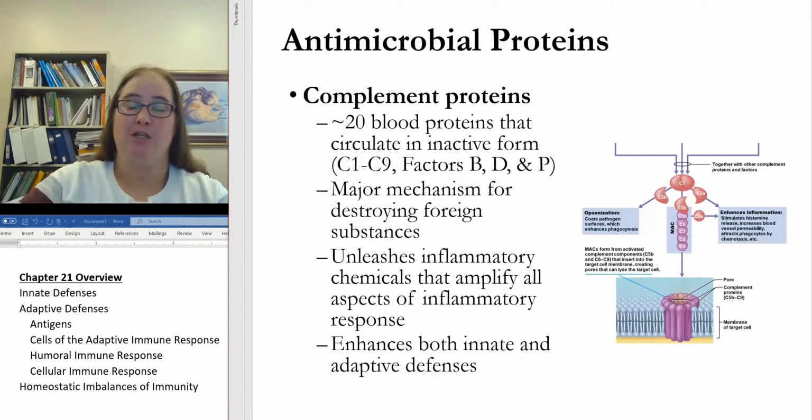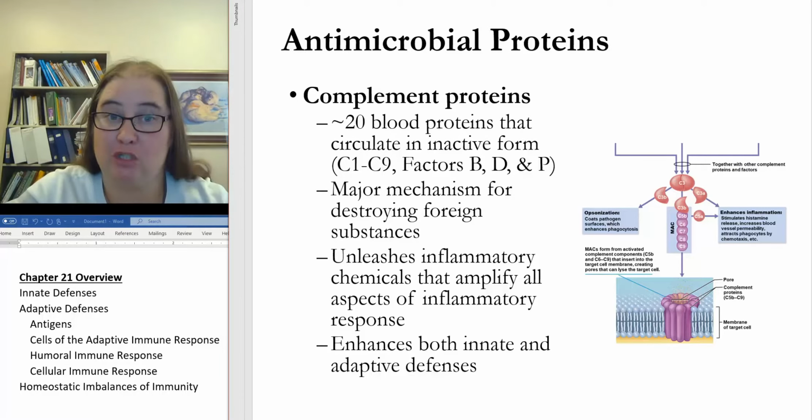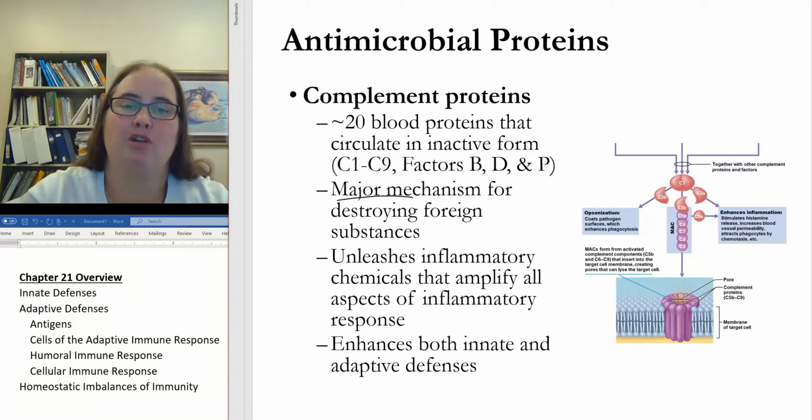So it's about 20 blood proteins that circulate in an inactive form. Unlike hemostasis, we're not going to go into the cascade of how they become activated. But these complement proteins, when they become activated, are a major mechanism for destroying foreign substances.